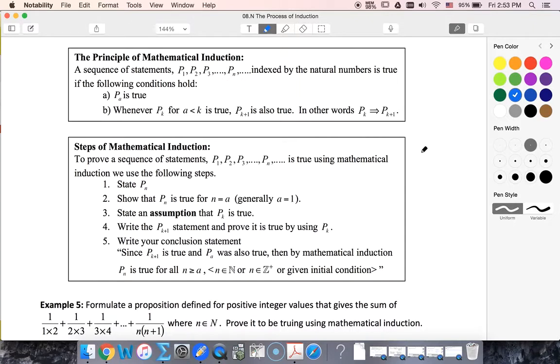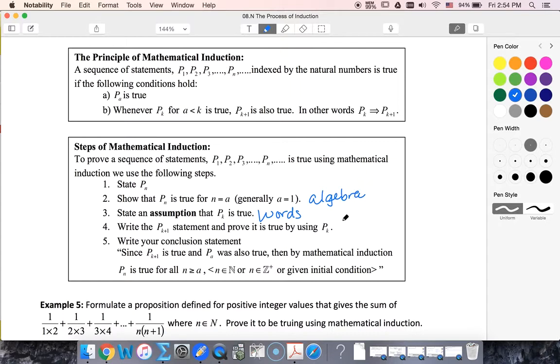The way this works in practice is that we'll make some sort of statement. We'll show it's true for a specific example. It's usually n equals 1, but not always. And then we state that our assumption P sub k is true. So we're going to use words for this. Showing it's true, generally that's algebra.